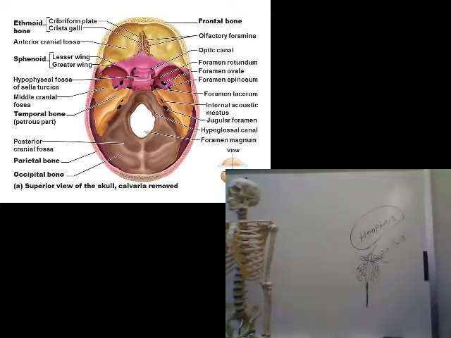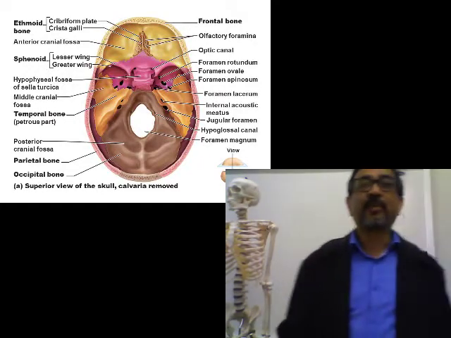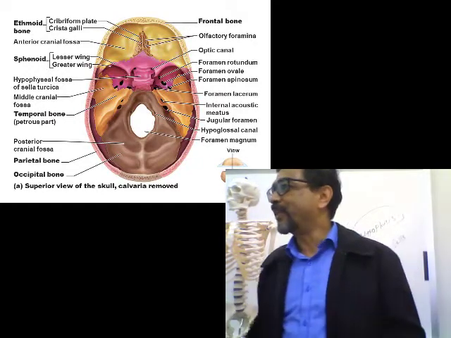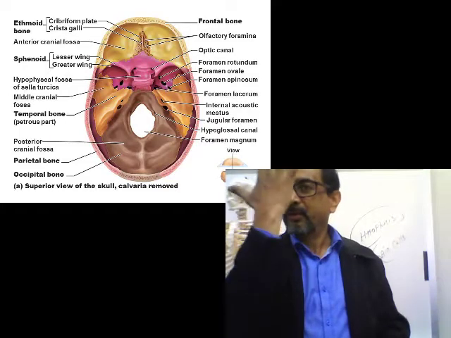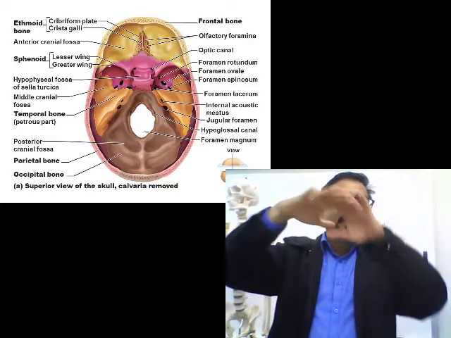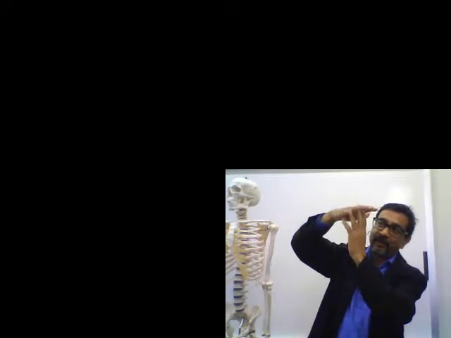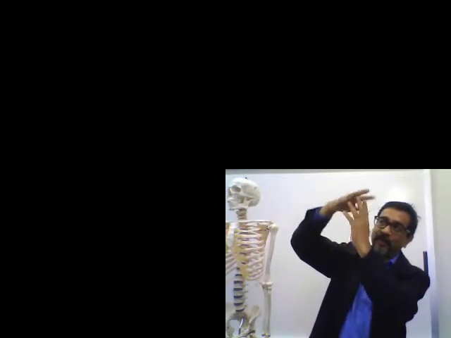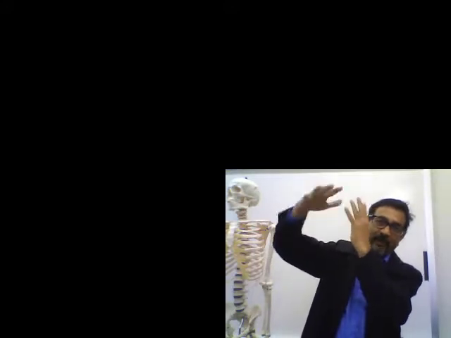So sometimes, if any accident happens, like something hits your nose from the front, the olfactory nerve fibers can get damaged or crushed, because you know that this is the cribriform plate and nerve fibers are passing through the olfactory foramina, right? Now if that cribriform plate moves like this, what will happen?